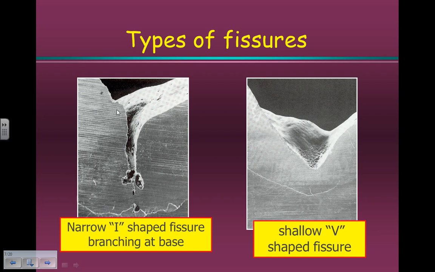The type of the fissure is critical. If you have a narrow eye-shaped fissure that branches at the base, the enamel is much thinner and more susceptible to caries, versus a very shallow saucer-shaped or V-shaped fissure, which is not at a great deal of risk.